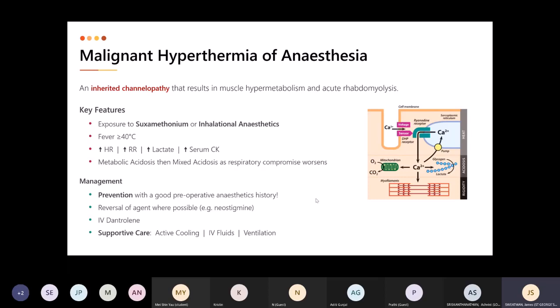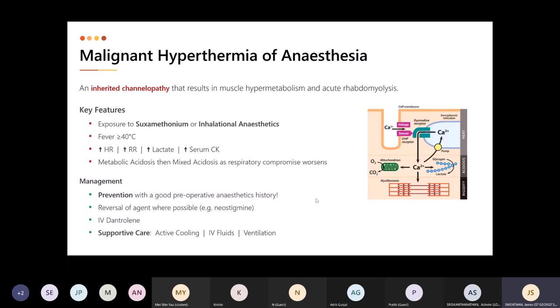And that's why you become very, very hot very quickly. That's why you get rhabdomyolysis, because your muscles are so active that they're breaking down and releasing creatine kinase. And that's why you get a lactic acidosis as well, because they go into that anaerobic cycle of metabolism. The increased heart rate and increased respiratory rate are mostly because of the hypermetabolism of the muscles.